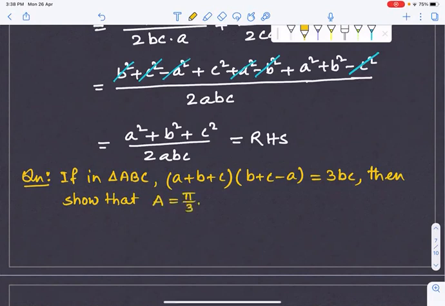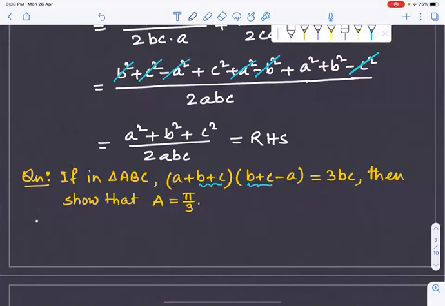Okay, so see what we get here. If I multiply them, I can see that if I consider B plus C together, here also B plus C together, it looks like A plus B into A minus B, that is A square minus B square.